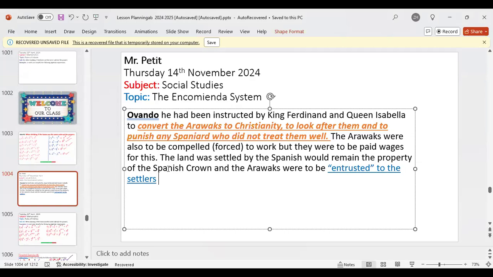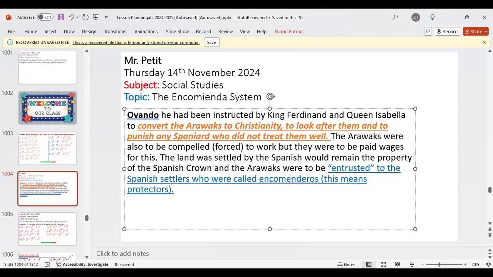Let me be very specific. To the Spanish settlers who were called encomenderos. And encomenderos basically means protectors.